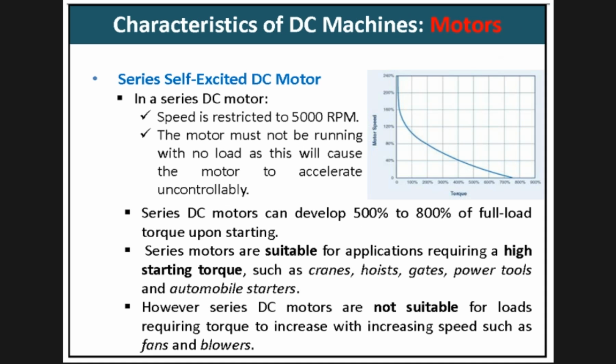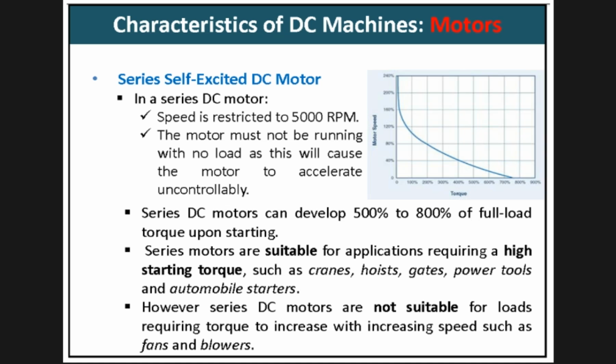So if we now come back to the series self-excited DC motor, the speed is restricted to 5000 revolutions per minute. The motor must not be run with no load, as this will cause the motor to accelerate uncontrollably.